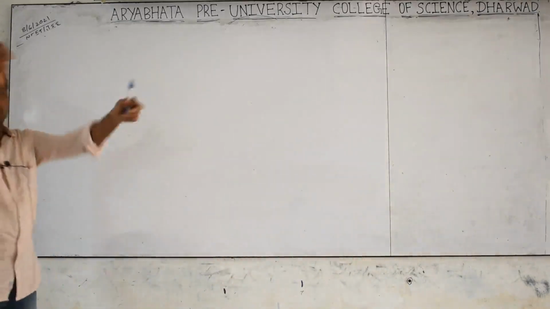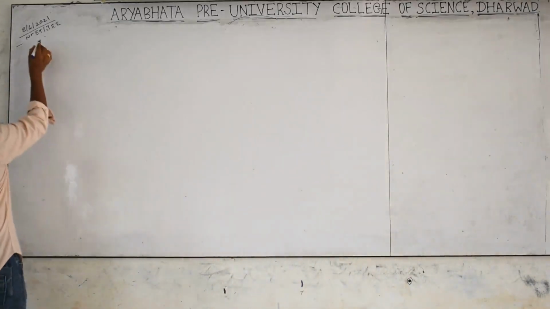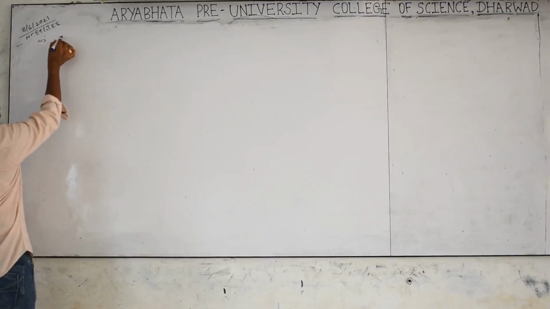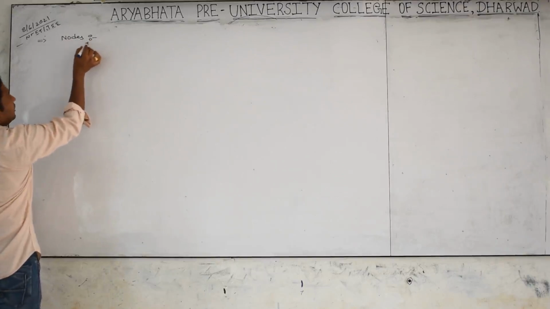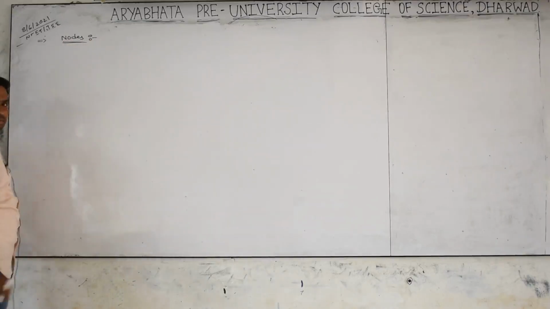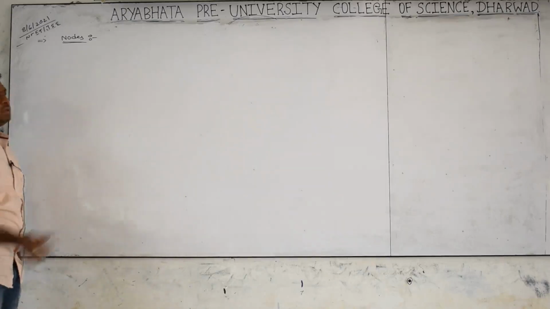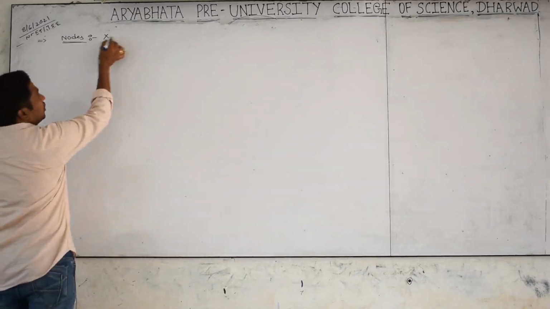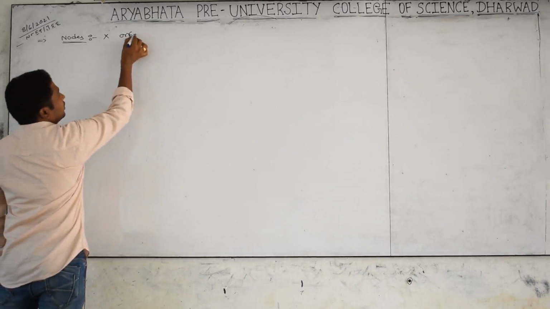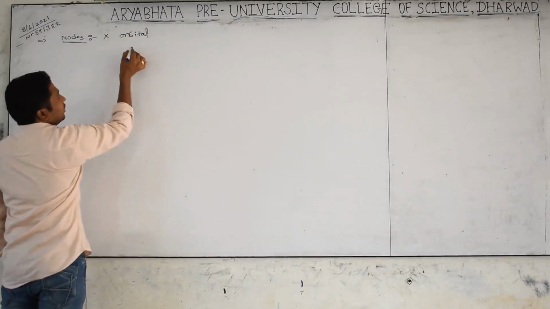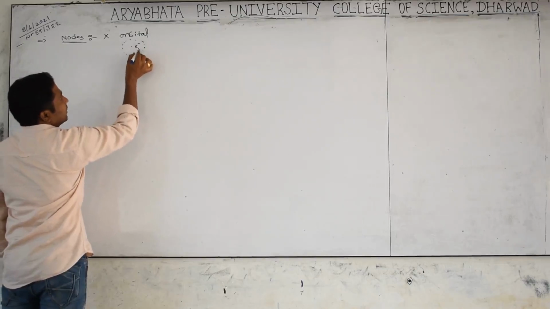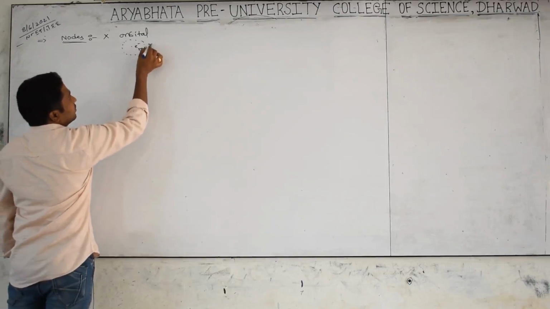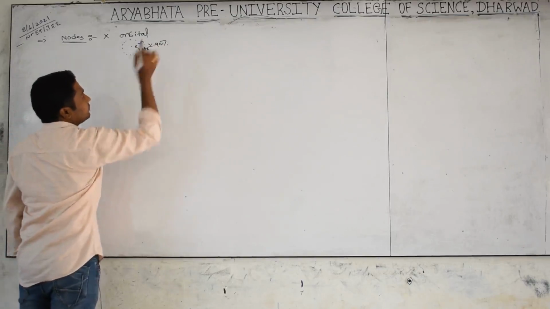Come to this thing. Now we are going to one more thing, nothing but nodes. A very important thing. A node is quite the opposite of an orbital. An orbital is the region around the nucleus where the electron finding probability is maximum, approximately 95%.